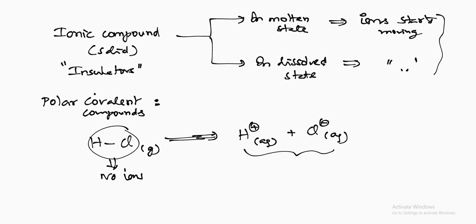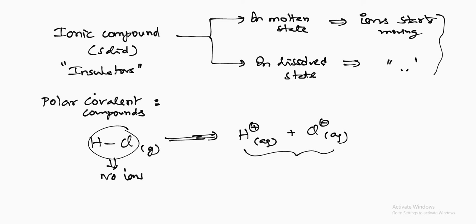Whereas if you take some polar covalent compounds, like hydrogen chloride. Hydrogen chloride gas, if you see, the molecules are purely covalent. There are no ions. They do not show any conduction. But if you pass this hydrogen chloride gas through water, in aqueous medium, they show conduction. Why?